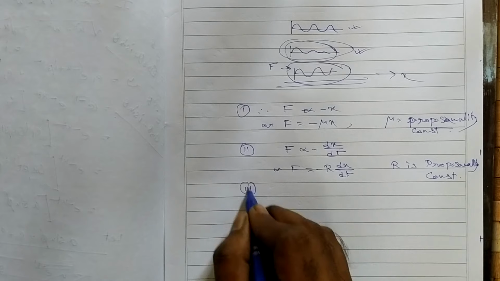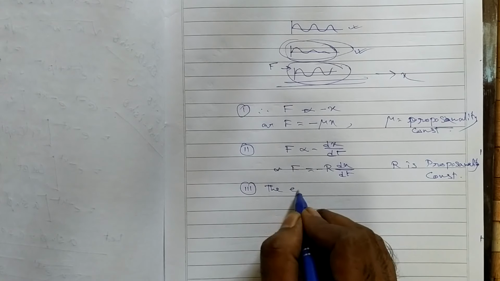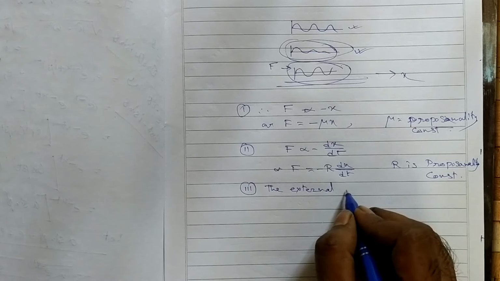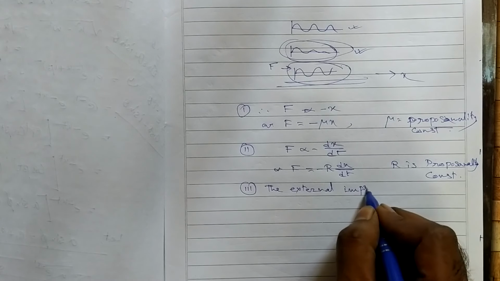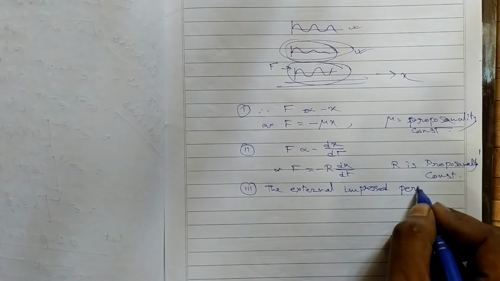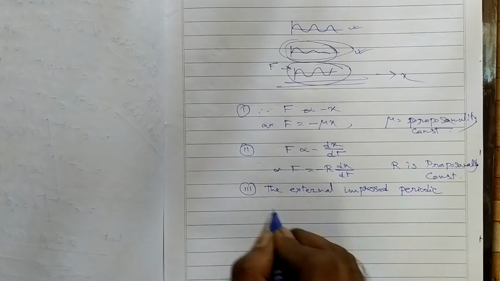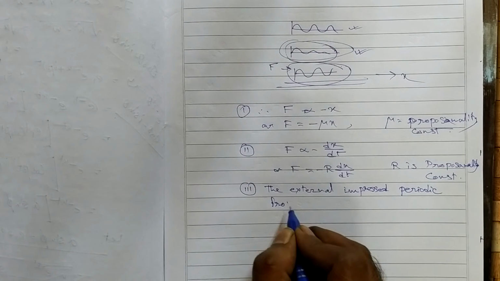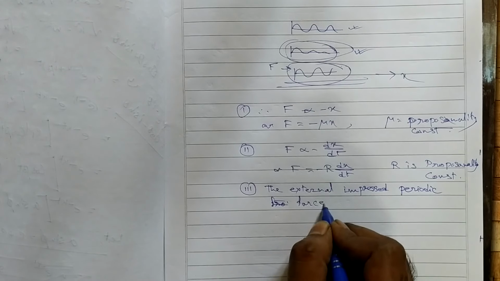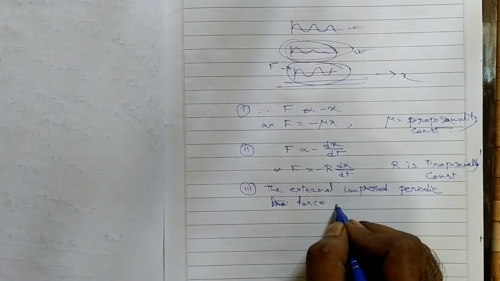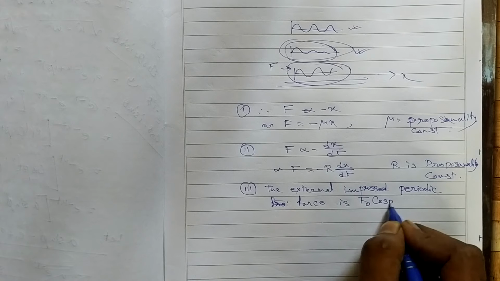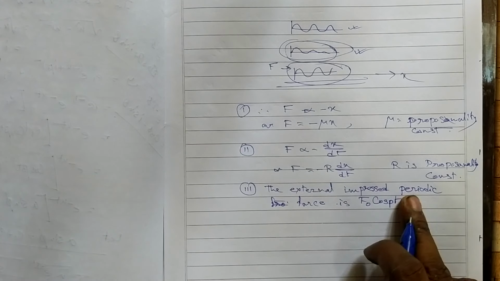And the third one is the external impressed periodic force, which is F0 cos pt.